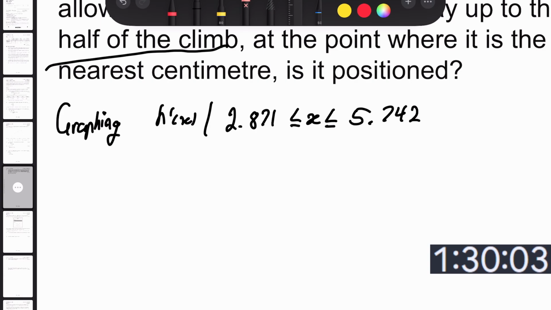Alright, copy it, menu, graph table, review. Given that 2.871 is less than or equal to x, less than or equal to 5.742.